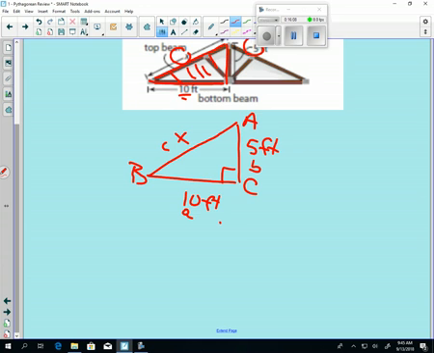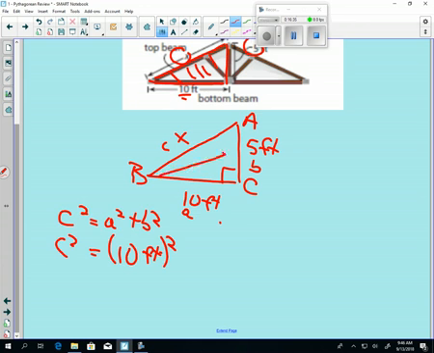So if I write Pythagoras, C squared is equal to A squared plus B squared. C squared, I don't know, is going to be A squared. Well, A, we already said here, is 10 feet squared, because it's A squared. And B, we have our B side, is 5 feet.